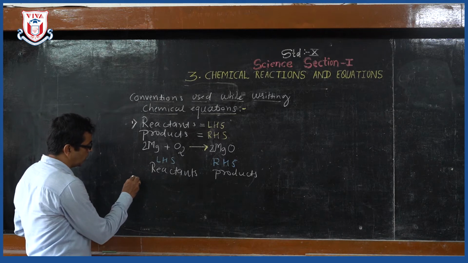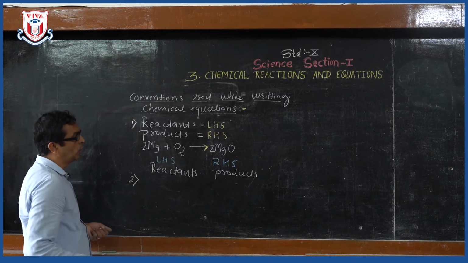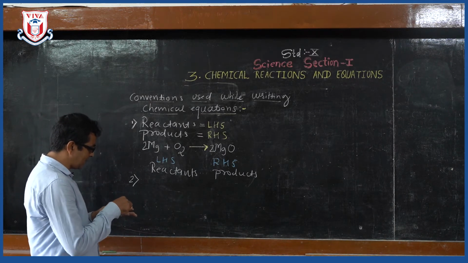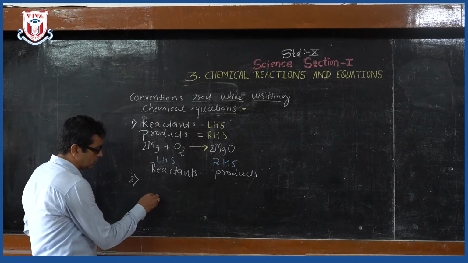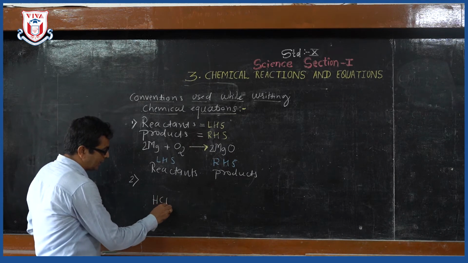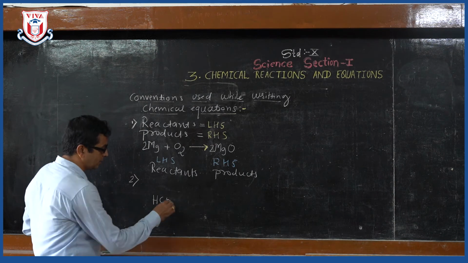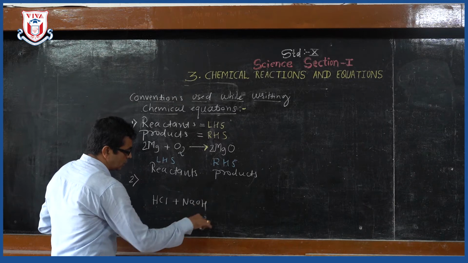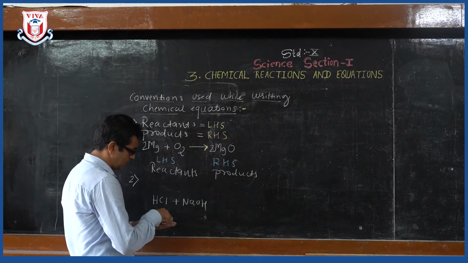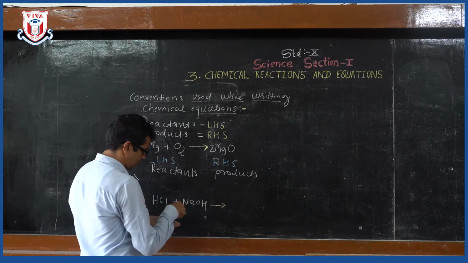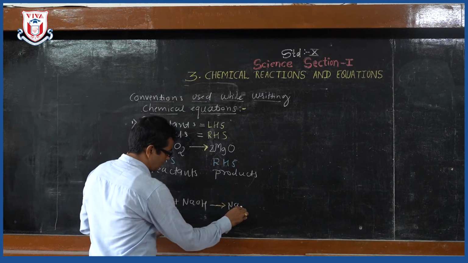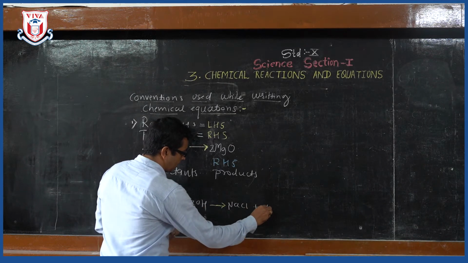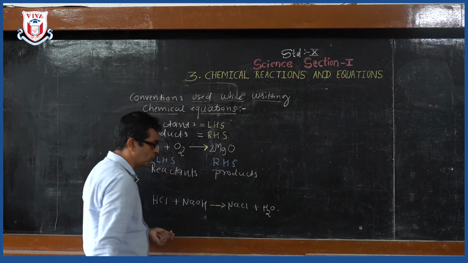Now the second convention or second rule you have to follow when you write a chemical equation, let's say example, suppose HCl hydrochloric acid reacts with NaOH sodium hydroxide, I will get NaCl plus H2O.